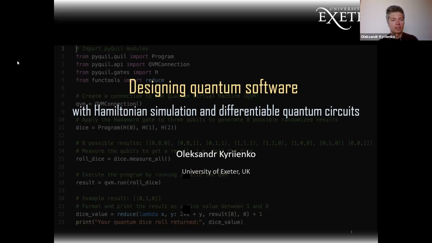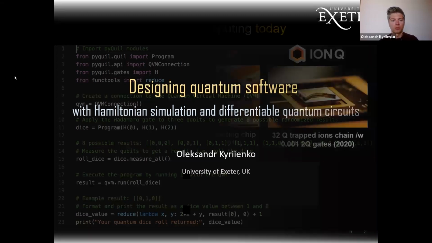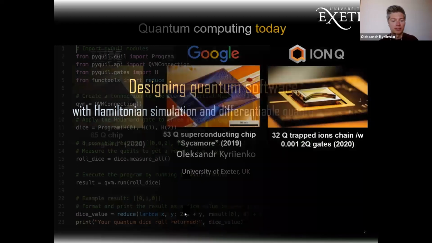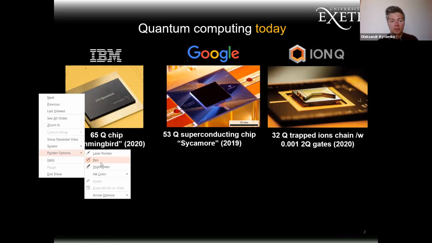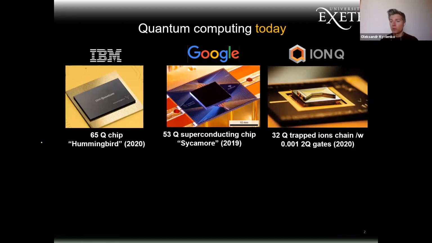The starting slide usually looks like this. We have devices that are growing in size, and quantum computing today is very different from the times when I did my PhD, even though I'm not very old, because we were playing with 5-qubit devices, and now this slide should be updated pretty much every time you give a talk: 65 qubits from IBM, the Google Sycamore chip, IonQ.